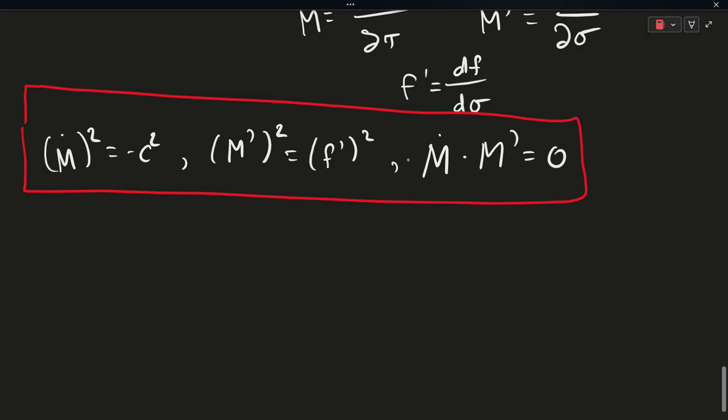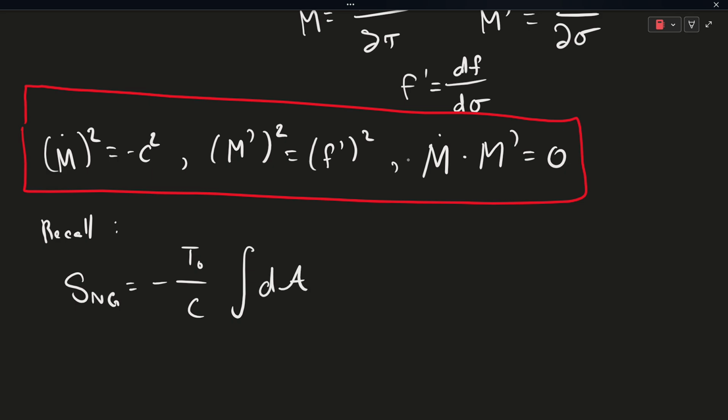So recall that the Nambu-Goto action is equal to negative initial tension divided by c, the integral of dA, the area element.